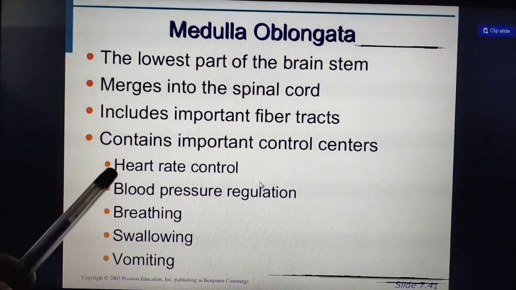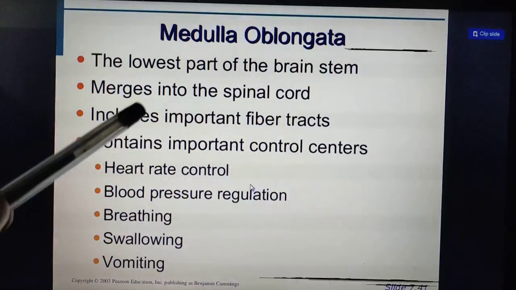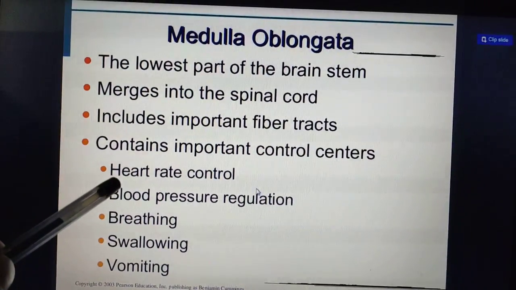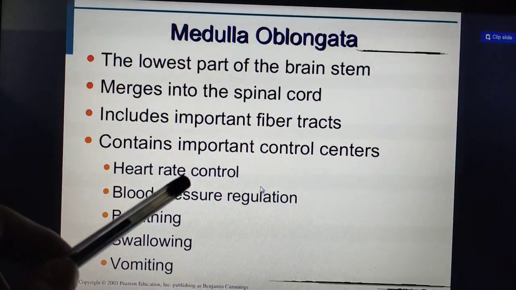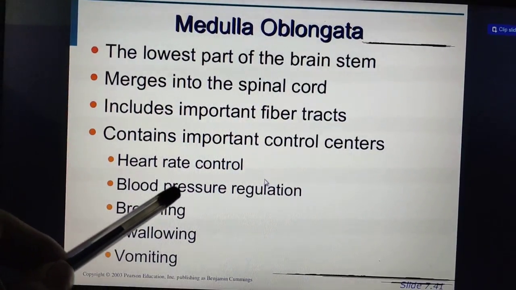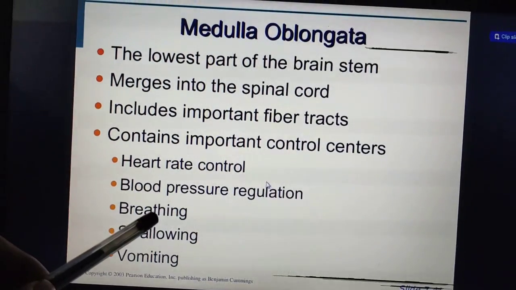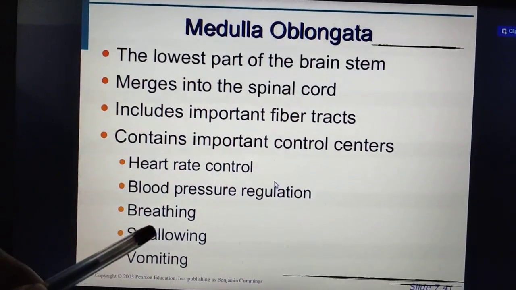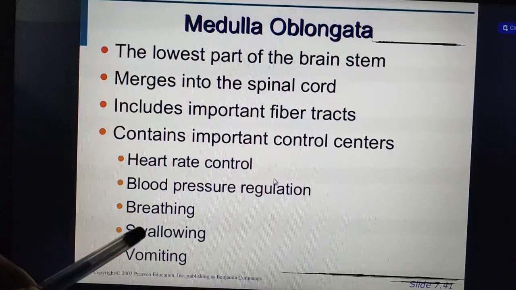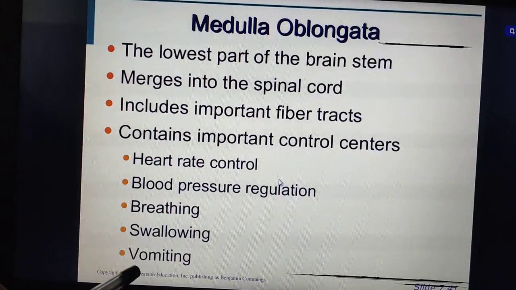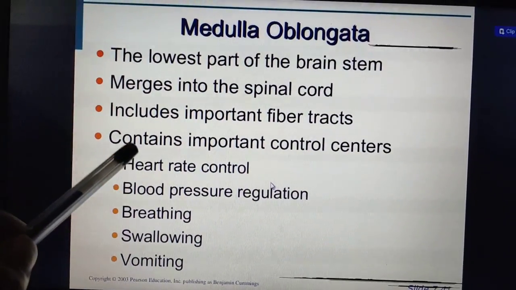This is very important, so keep more concentration on it. The heart rate is controlled by the medulla oblongata, as well as the blood pressure. Along with the pons, the medulla oblongata carries out the breathing process and also the swallowing and vomiting processes. Clear, no? Understood?